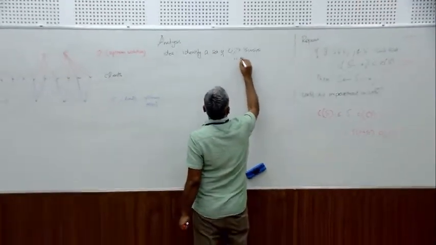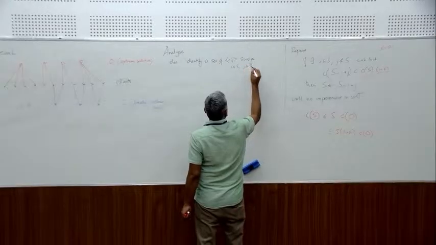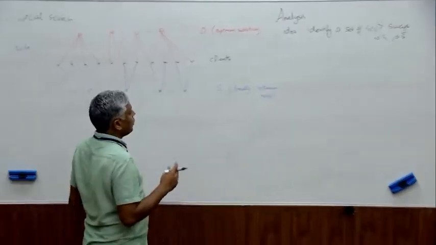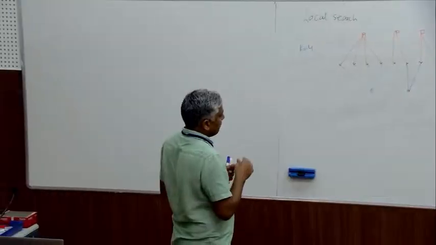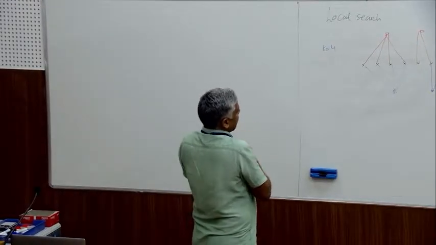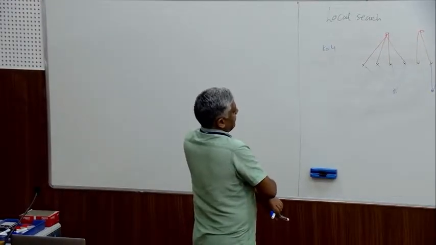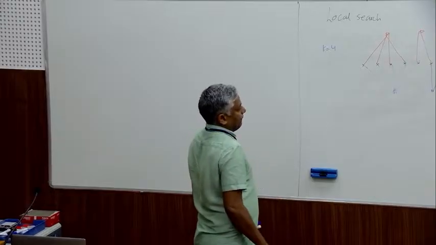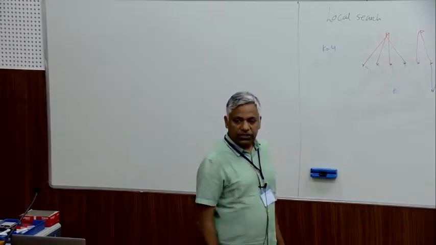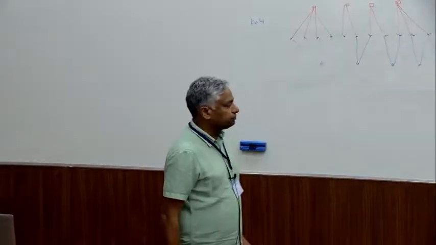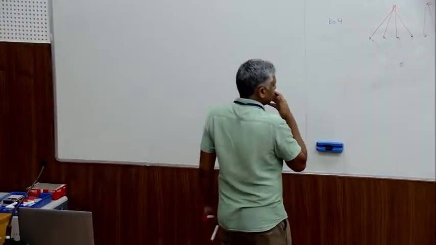So remember, i belongs to S, j belongs to S complement. So we're going to identify a certain set of swaps, and then we are going to write the inequalities corresponding to those swaps.